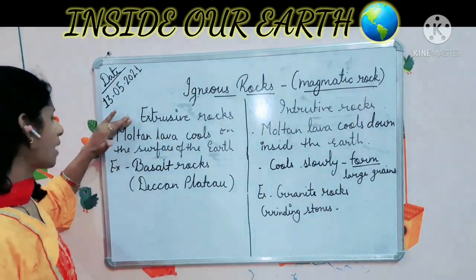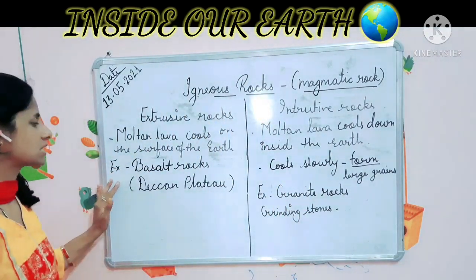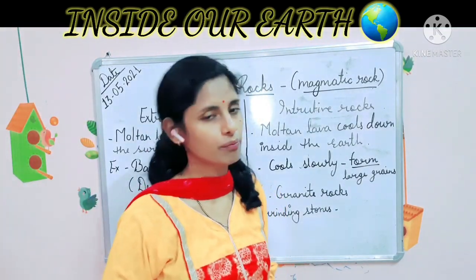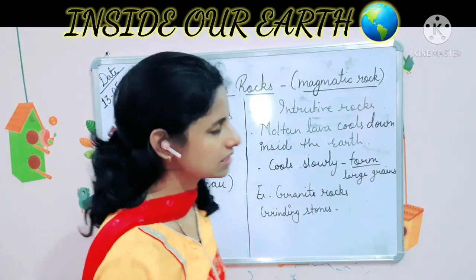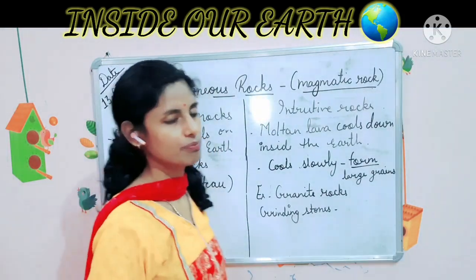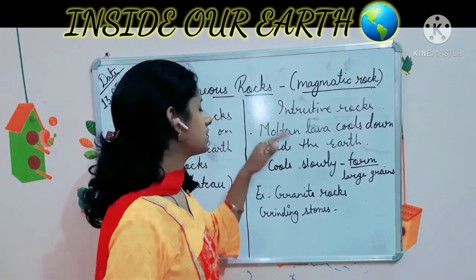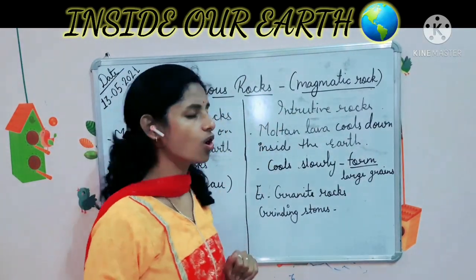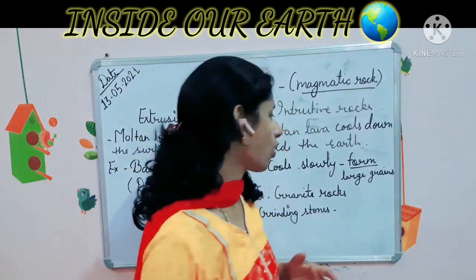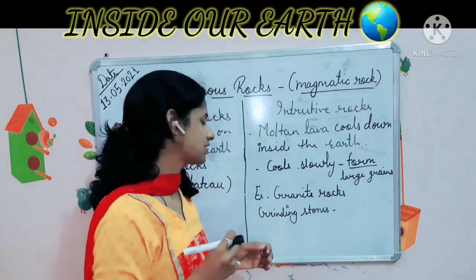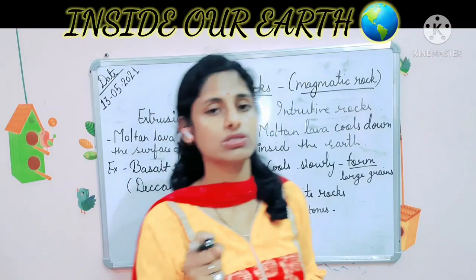An example of the extrusive rocks is basalt rock. The Deccan Plateau is a plateau which is made up of basalt rock only. The intrusive rocks cool slowly and form large grains, like granite.